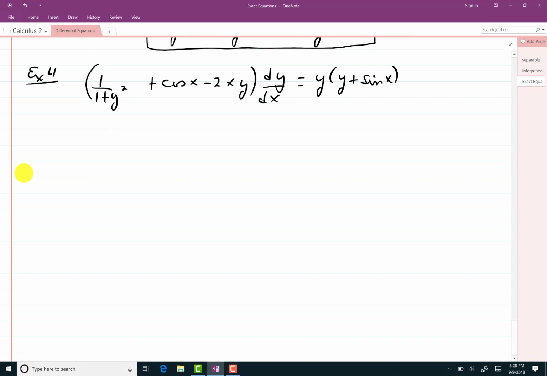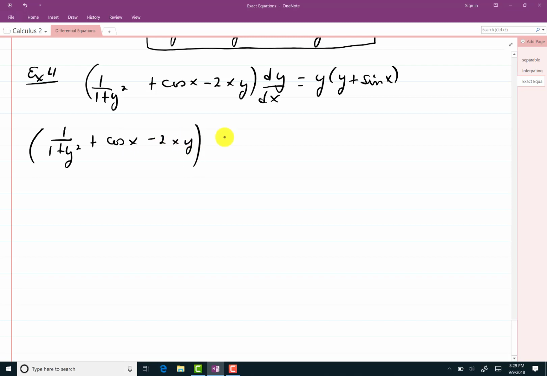So I need to put this in a format that's like our other ones. So the first thing I'm going to have to do is multiply through by dx. So I have 1 over 1 plus y squared plus cosine of x minus 2xy.